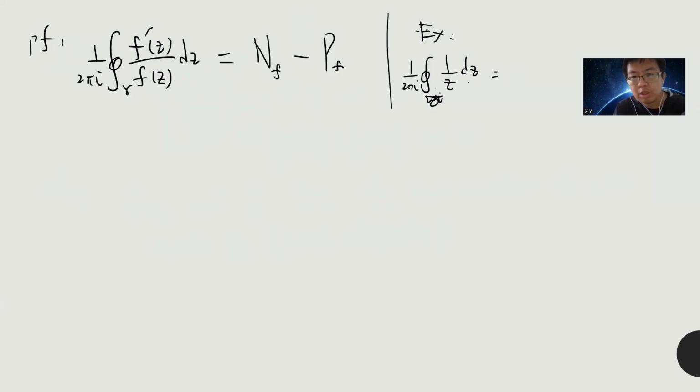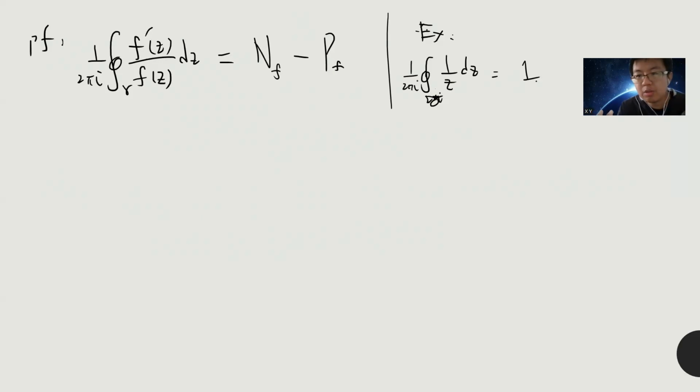So you will get 1. It's the number of zeros minus the number of poles. This is the idea that we need to use.